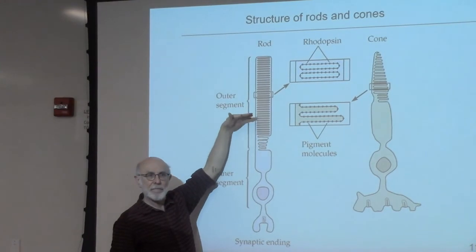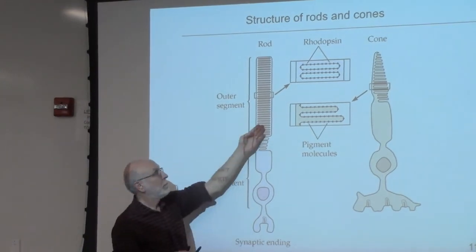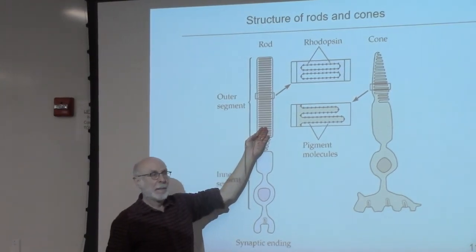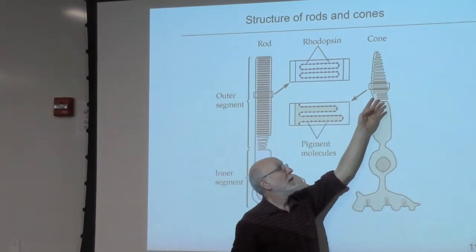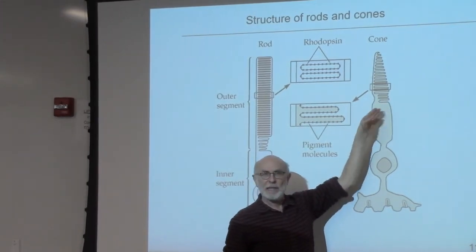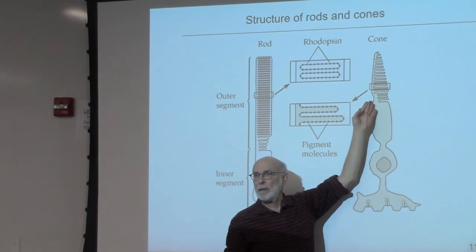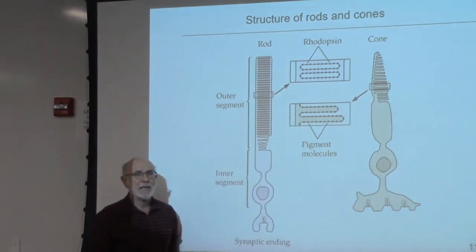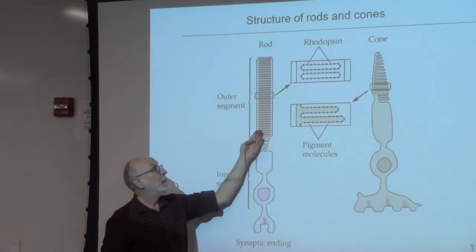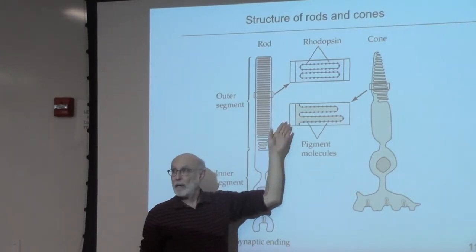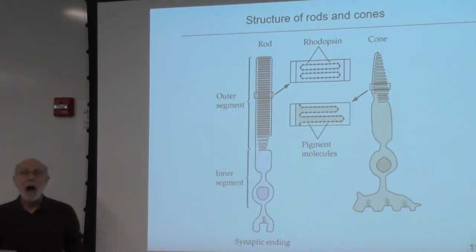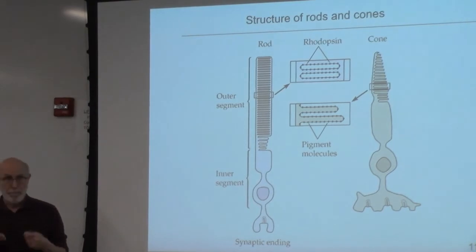This is a stack of membrane-lined discs. In the cones, it's not intracellular, it's part of the surface membrane. But the effect is the same: a large membrane area containing the molecules, the opsins, that absorb light.